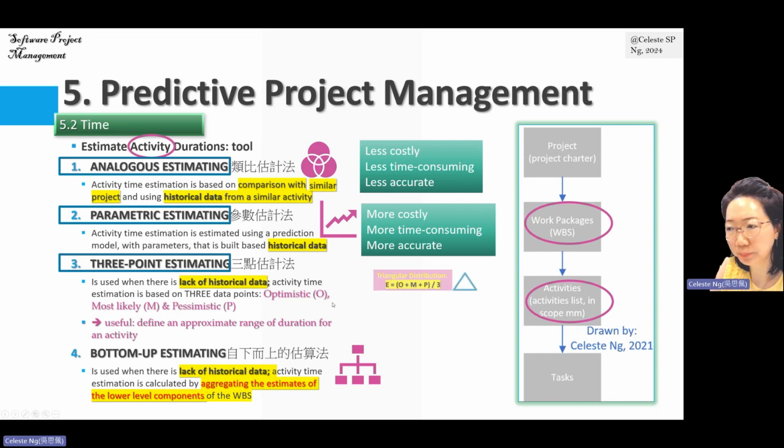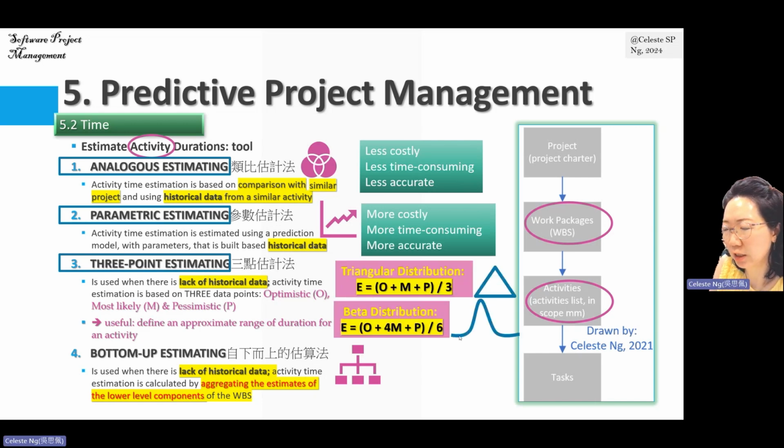All right. Here we can see that there are two ways we can make use of this 3-point estimating, and those two ways are based on the distribution that we want to use.